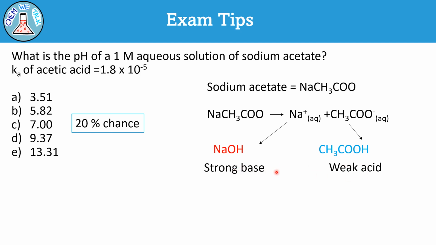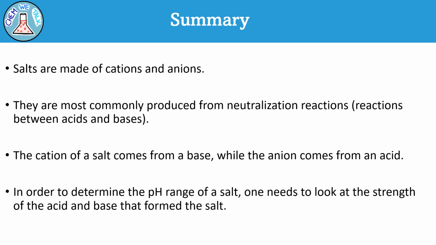By comparing those, we see that we have a strong base and a weak acid, so the strong one overcomes, which means my pH should be basic. And if it is basic, my pH should be greater than 7. So just by looking at those options, I already increase my probability from 20% to 50% by eliminating options A, B, and C. Okay?